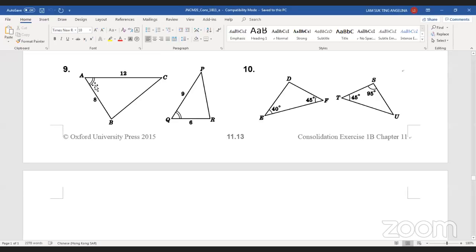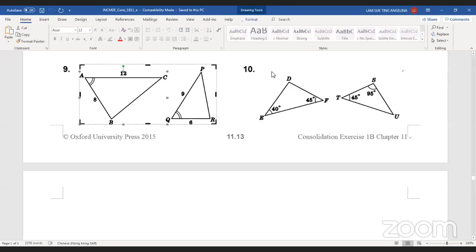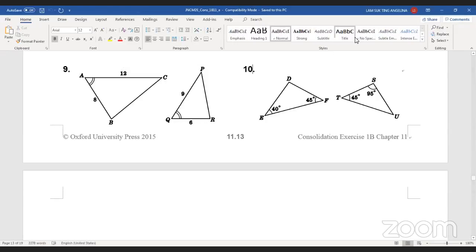In this case, you will find that I don't have the exact value for the angles, but by looking at the symbol, I know that it is given that these two angles are equal. Therefore, I have angle CAB equals angle PQR.